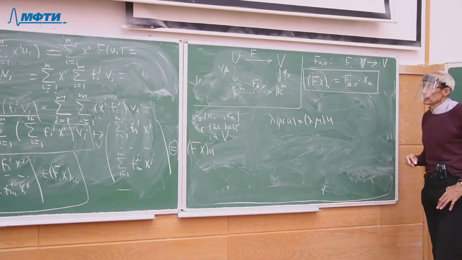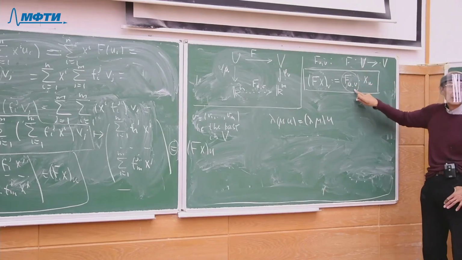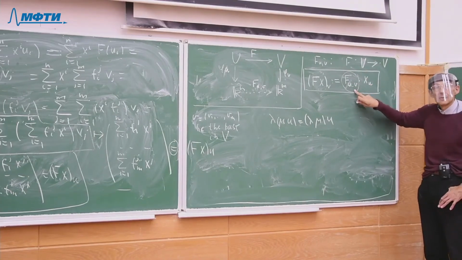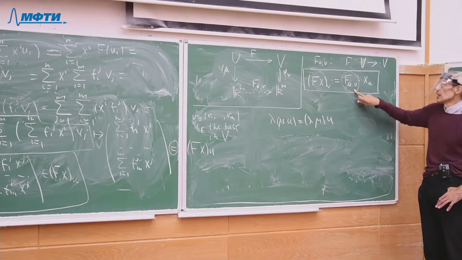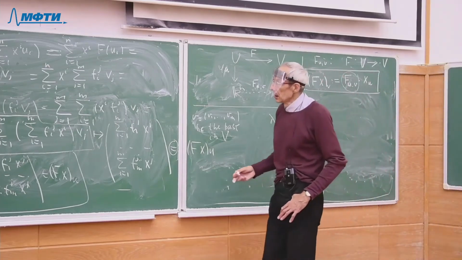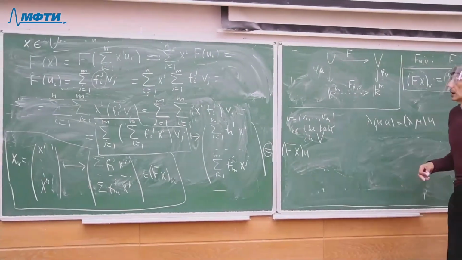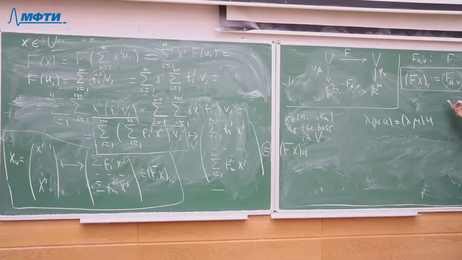We obtain the formula, and this formula is the definition of the matrix of the linear transformation. For us this formula will be the definition, and our reasoning shows how it can be obtained in a natural way.